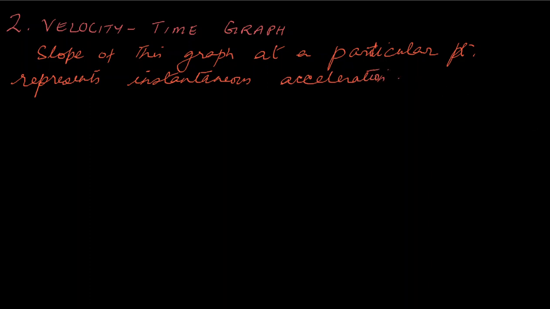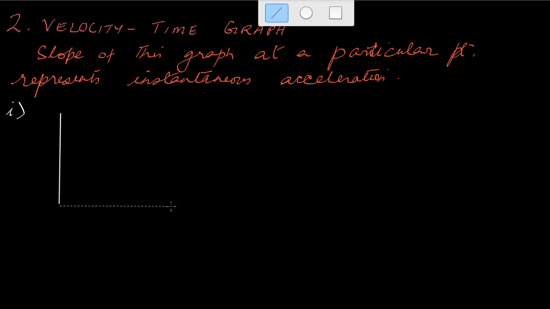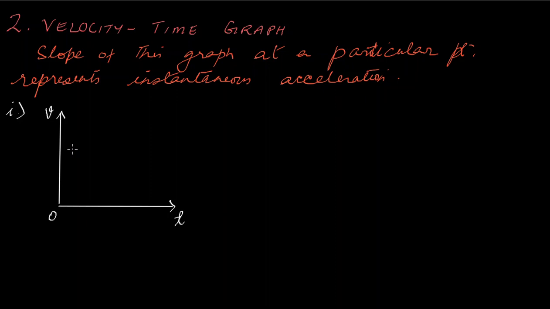Okay, so let us go to the first graph, number 1, and let's say our graph looks similar to the graph that we drew for the first time. Now this is the velocity time graph, and always the time is plotted along the x-axis, and along the y-axis we plot the velocity.